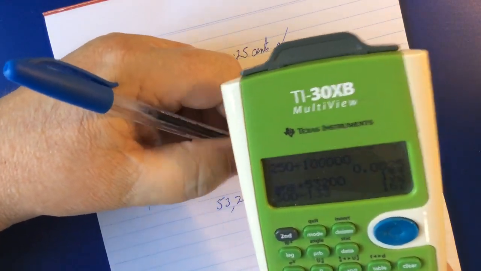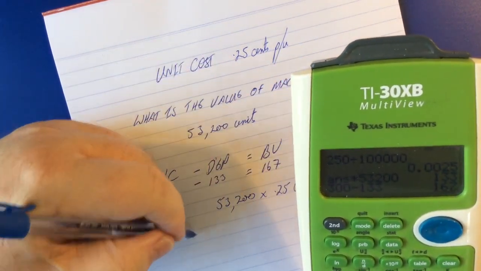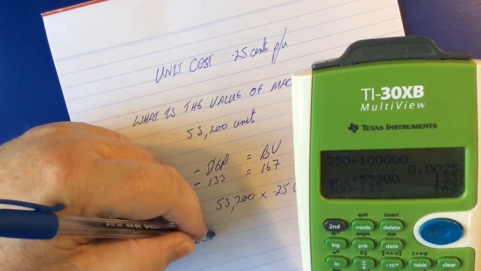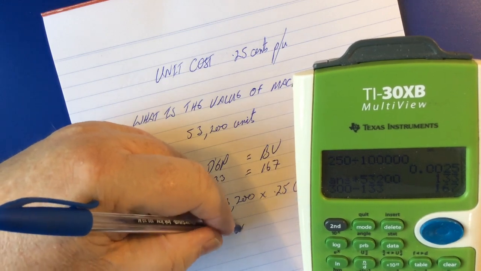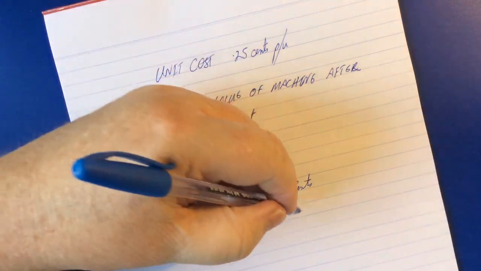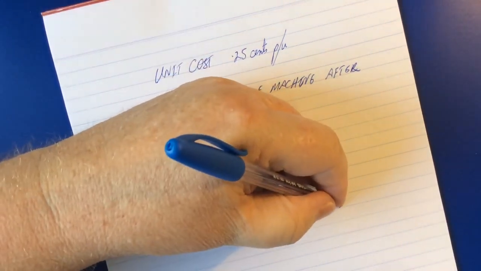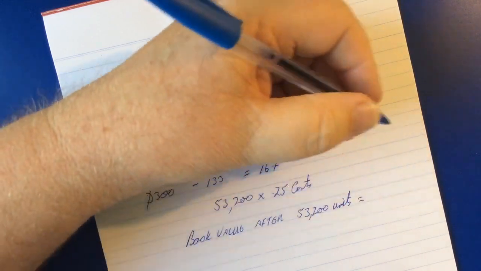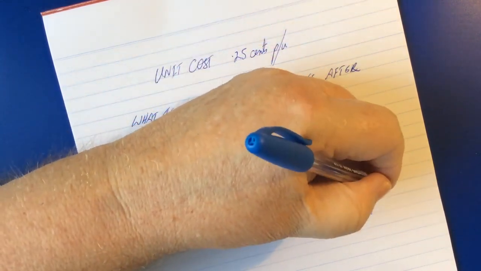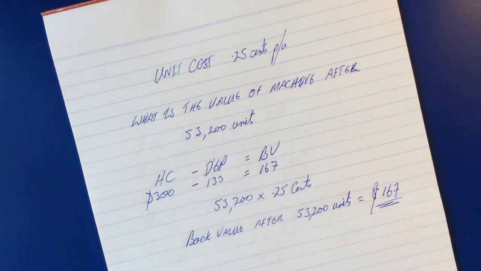It's been a long day. I don't feel like doing that in my head. 167. So the book value after 53,200 units is equal to $167.